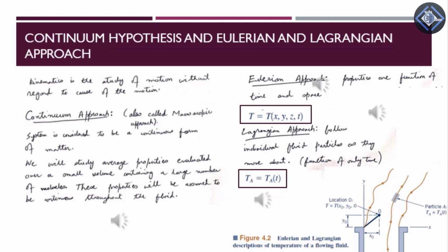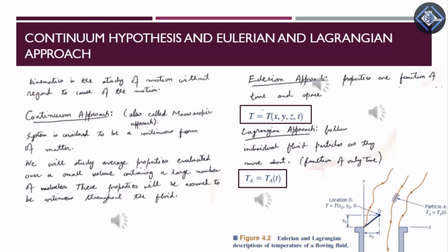If we use many of these temperature measuring devices with a lot of particles, we'll have the temperature of the whole field. We will not know the temperature at a specific position unless we know the position of the particles as a function of time.